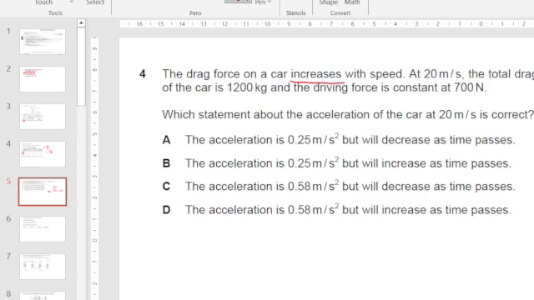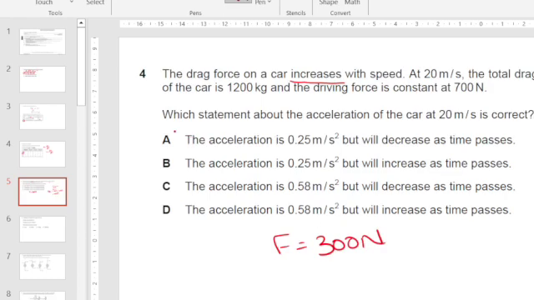So this will be 300, and this is the net accelerating force. That is, F is equal to 300 Newton is the net accelerating force.